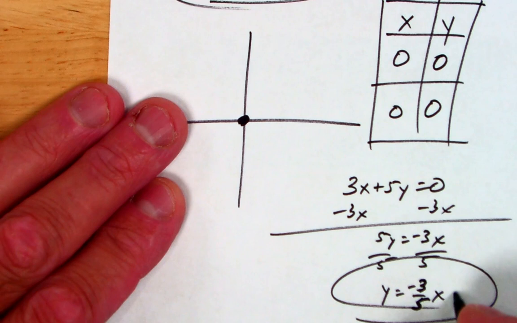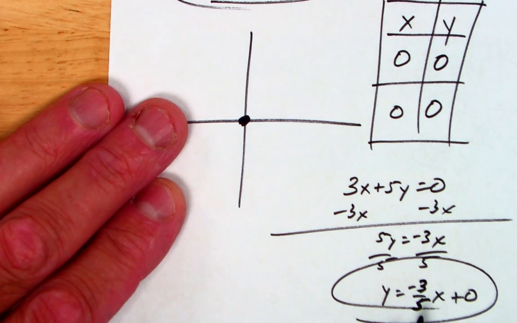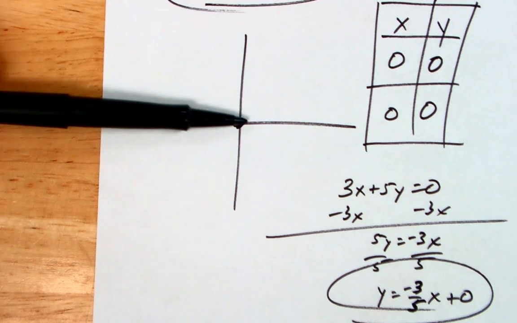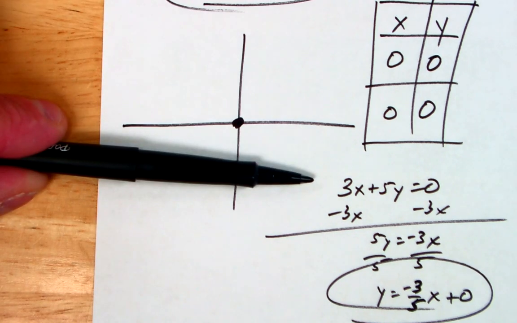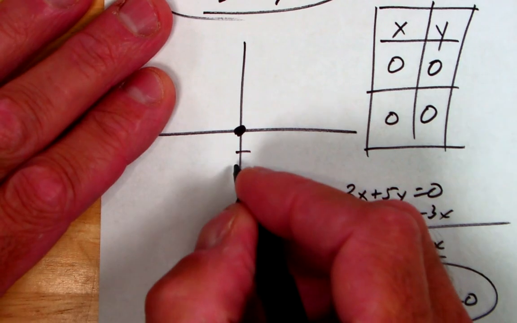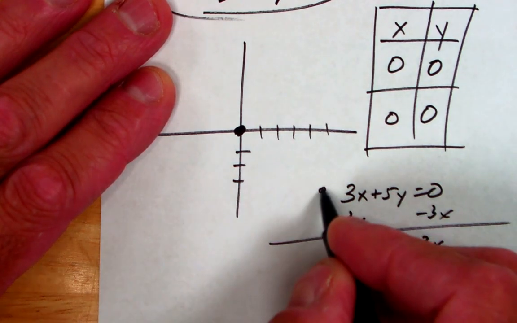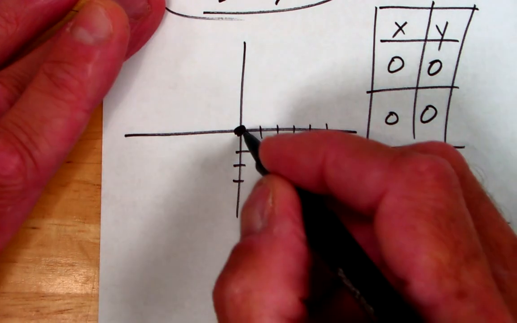But this has a slope of -3/5. So how do I get another point? I go down 3 over 5, and then there's my second point.